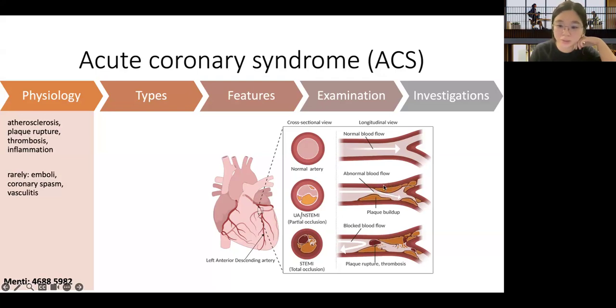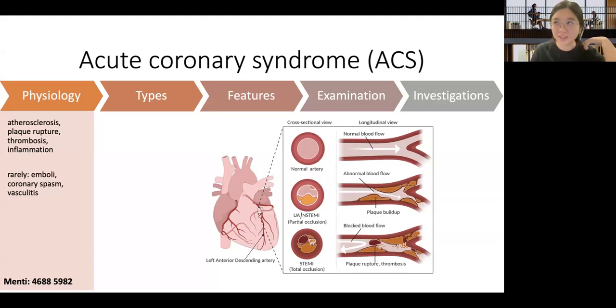When this plaque ruptures, or when maybe there's even an additional blood clot on top of it, it will obstruct blood flow. When this happens in the artery supplying the heart, you have a really dangerous situation. The one I'm most worried about is the myocardium. It loses blood flow and starts to die.